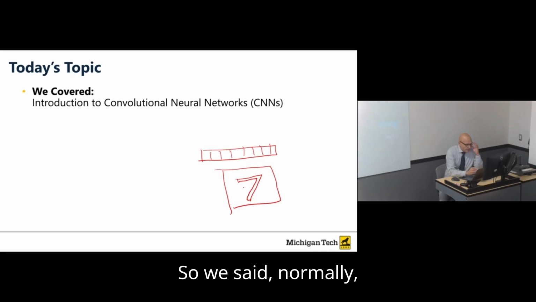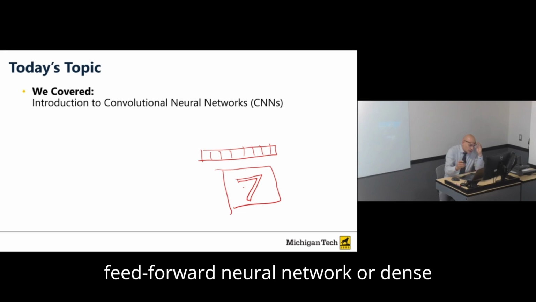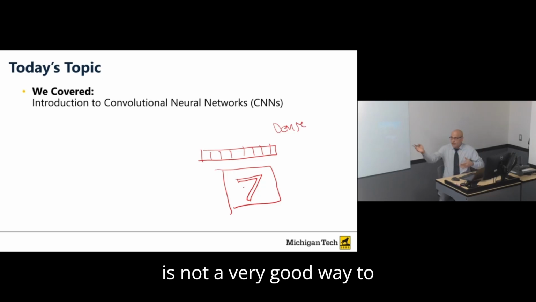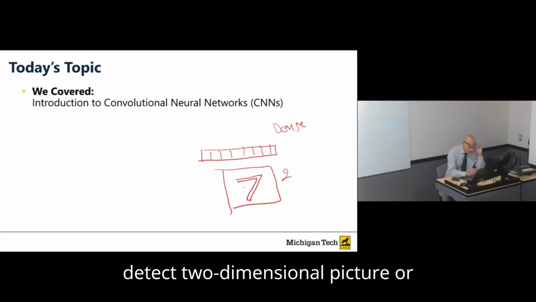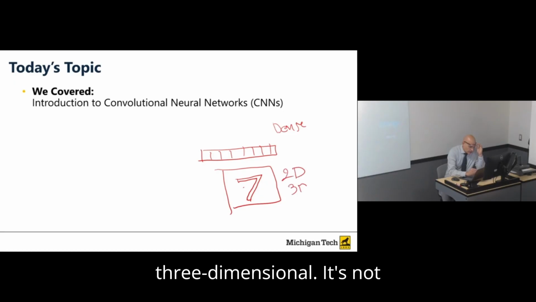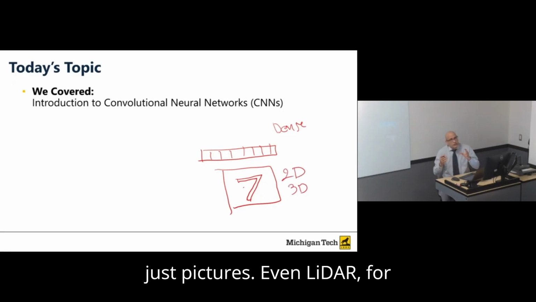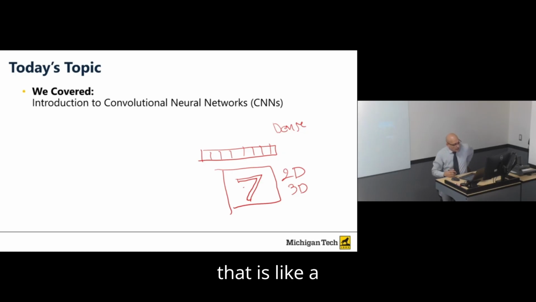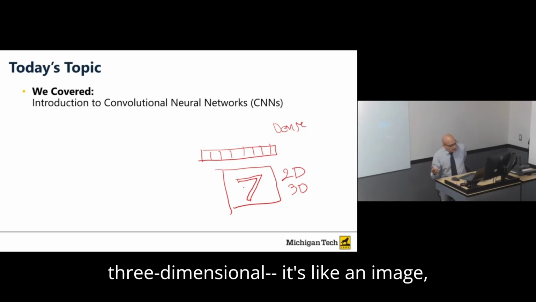So we said normally a feed-forward or dense neural network is not a very good way to handle a two-dimensional or three-dimensional picture. It's not just pictures. Even LiDAR can give you three-dimensional information.